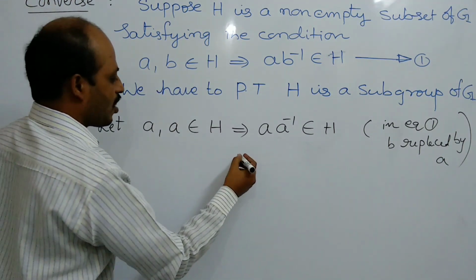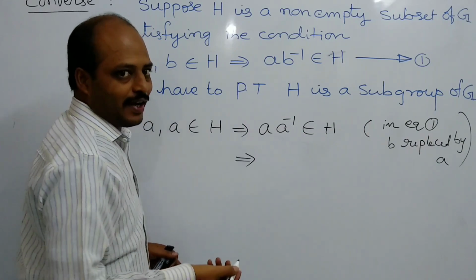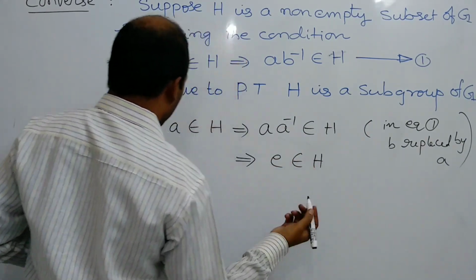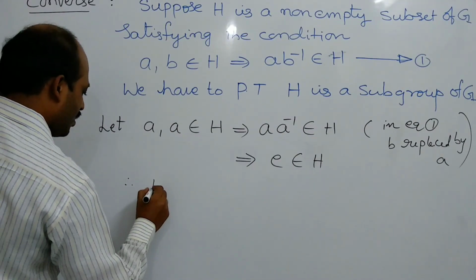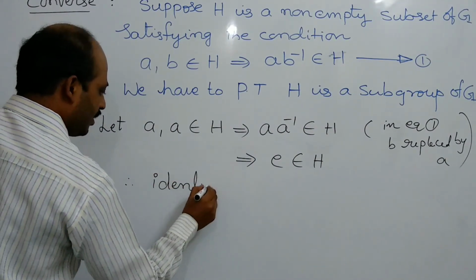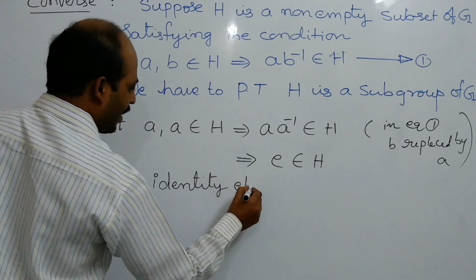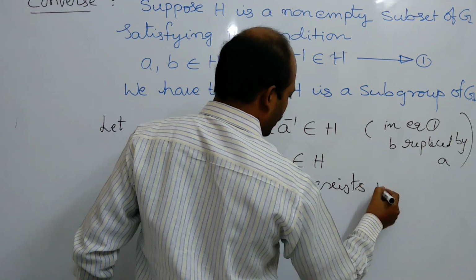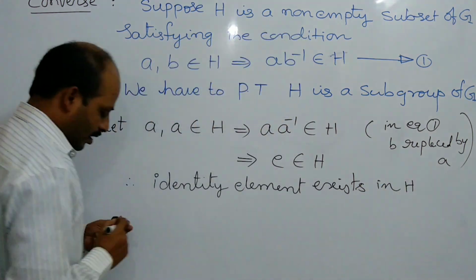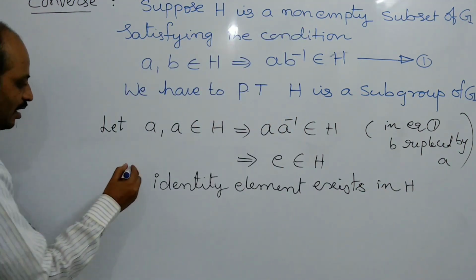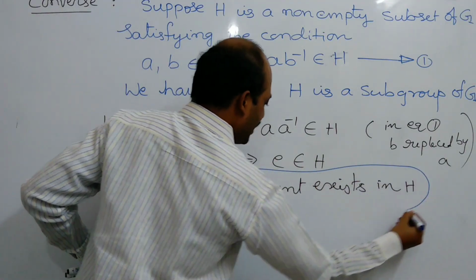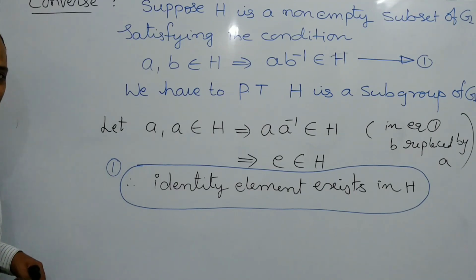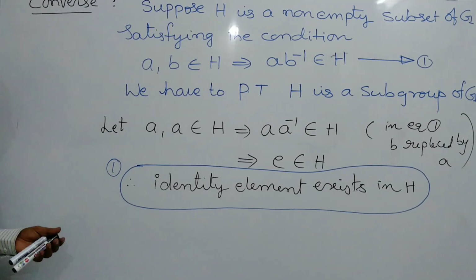So A into A inverse belongs to H. We know that A into A inverse is nothing but E. So E belongs to H, which is nothing but the identity element exists in capital H. Let it be the first property, which is known as the identity axiom.